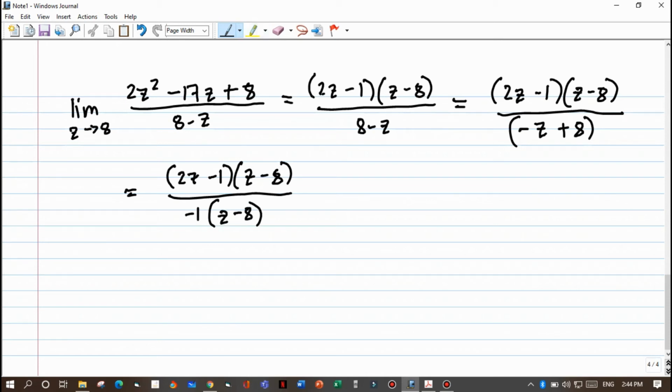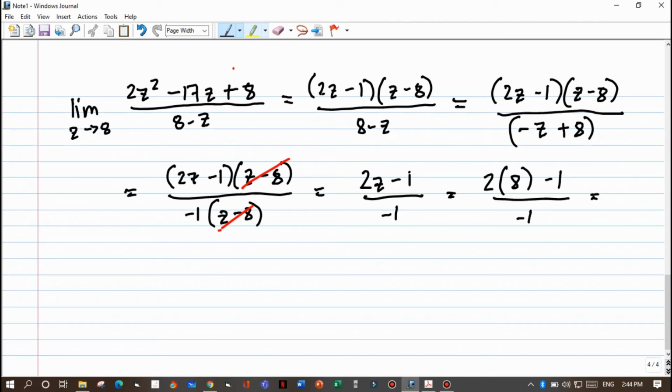Now, since we already have the same terms in our numerator and denominator, we can cancel them out. So, what remains is 2z minus 1 divided by negative 1. So, if we plug in 8, we get 2 times 8 minus 1 over negative 1.